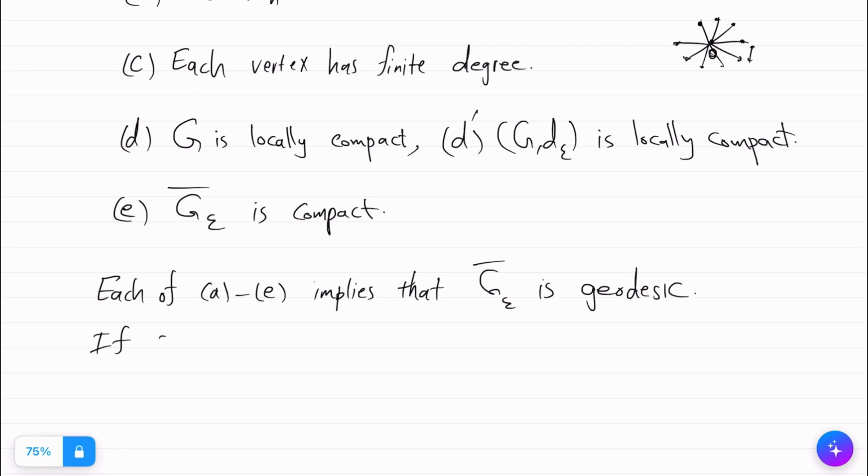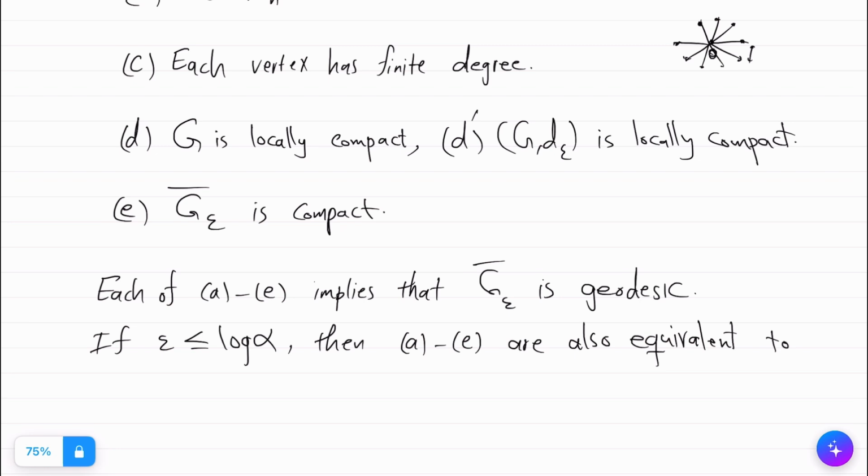If epsilon is less than or equal to log alpha, the familiar threshold, then A through E are also equivalent to the next claim, that the boundary of G is compact.